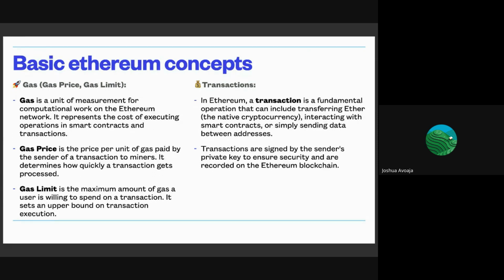Gas is actually measured in GWEI, it's a unit of measurement in Ethereum. So the gas price is the price per GWEI. So let's say the gas price is 0.000001 ether. To get the actual cost of gas in Ethereum, you'll have to multiply the gas times the gas price.